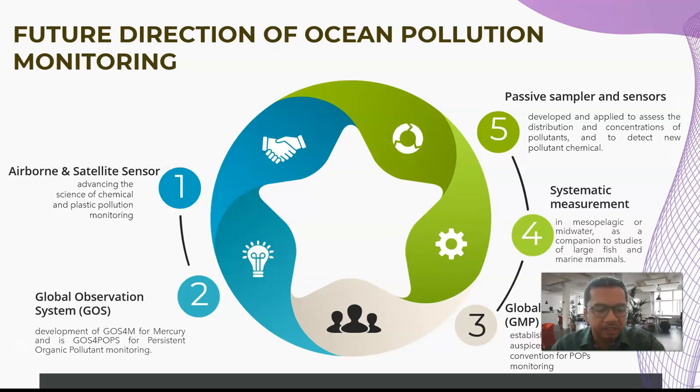Then, global observation systems: development of GOS for mercury, as well as GOS for persistent organic pollutants. This will speed up the monitoring systems for mercury contamination and persistent organic pollutant monitoring.